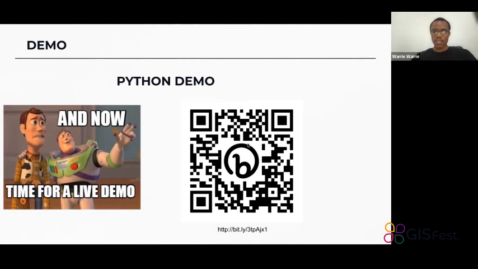This is the link to the notebook if you want to follow along, or you can scan this code to see the notebook directly. We'll take it over from here and move to our demo section in Python.